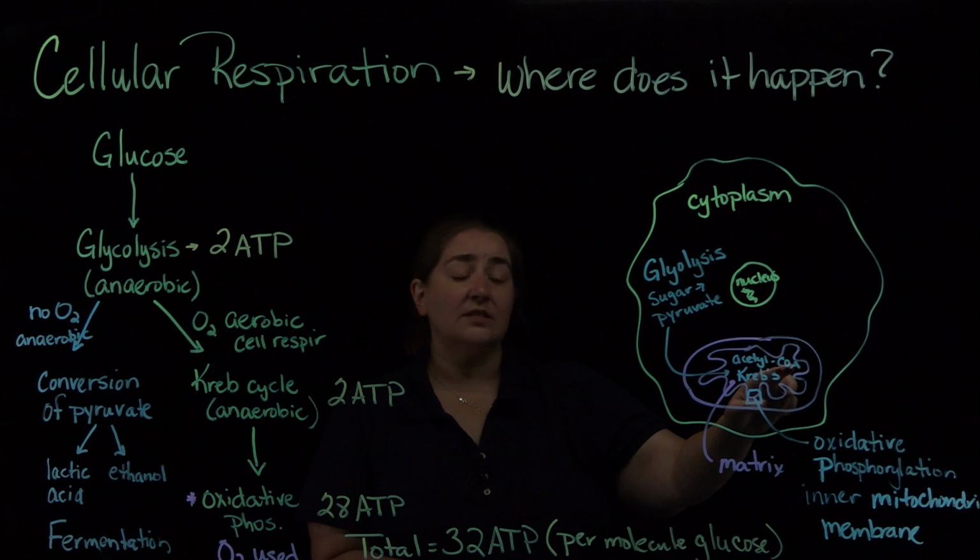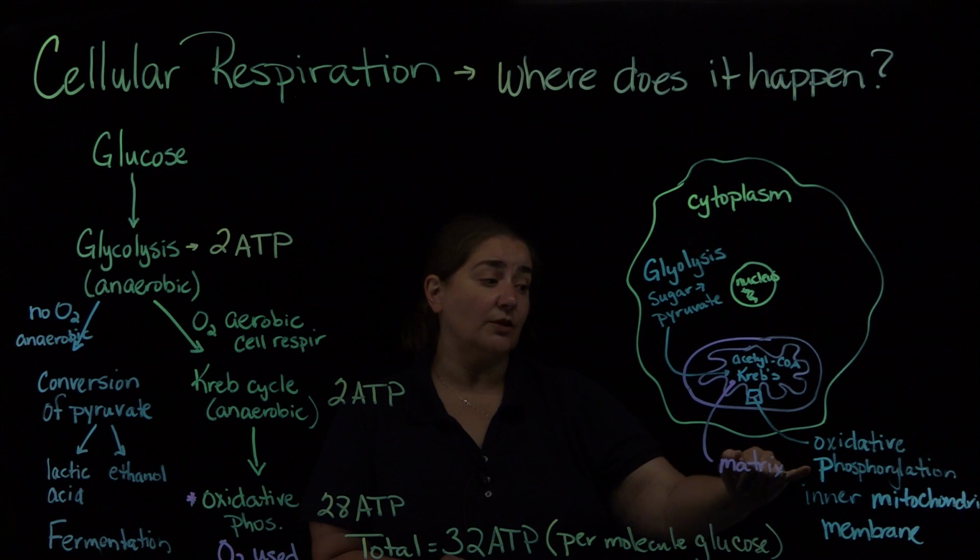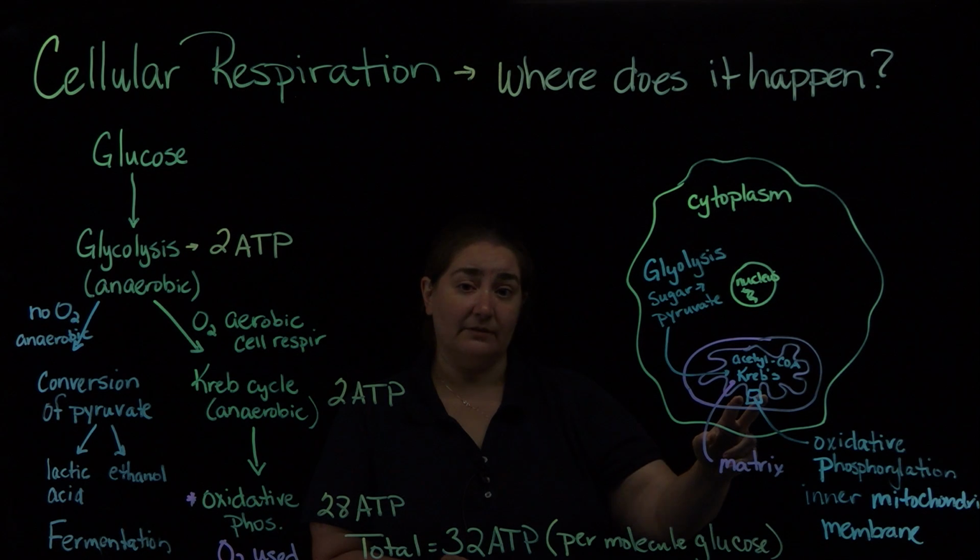The formation of acetyl-CoA is anaerobic and occurs in the matrix of the mitochondria. The Krebs cycle is anaerobic and occurs in the matrix of the mitochondria. The aerobic portion of cellular respiration is oxidative phosphorylation, which occurs in the inner mitochondrial membrane.